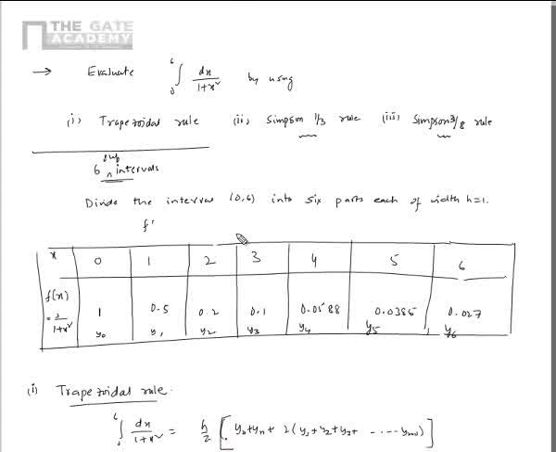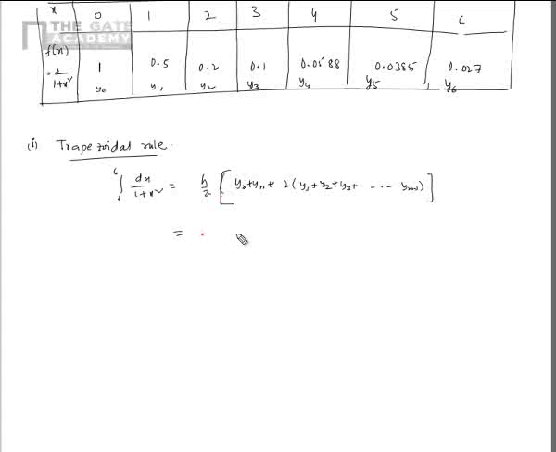So h is 1 here, because the width is 1 as you have divided 6 this way. You add the first and the last point and twice the remaining points. When you add this together using a calculator, this comes out to be 1.4108. This is by the trapezoidal rule.